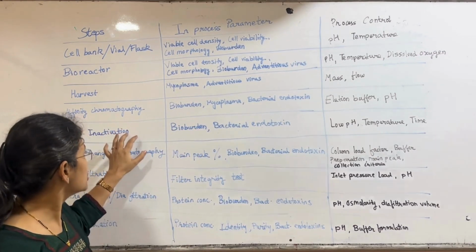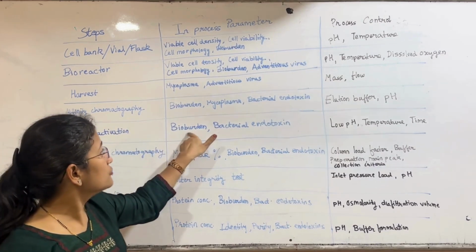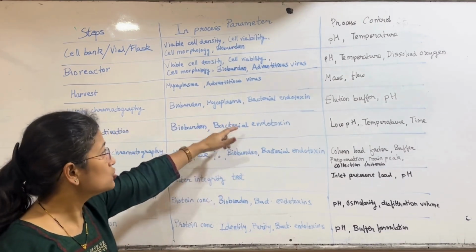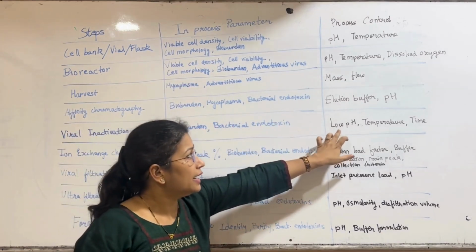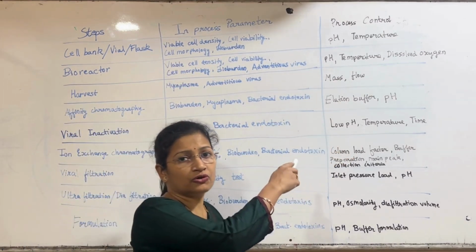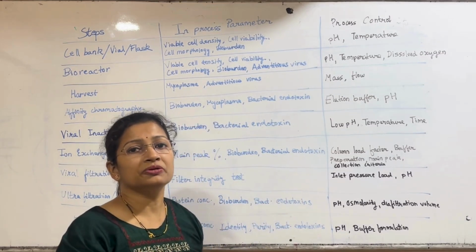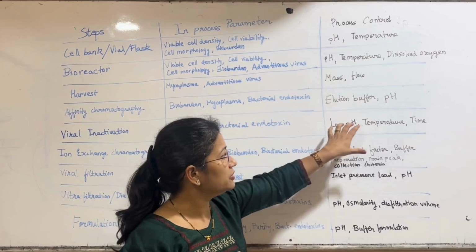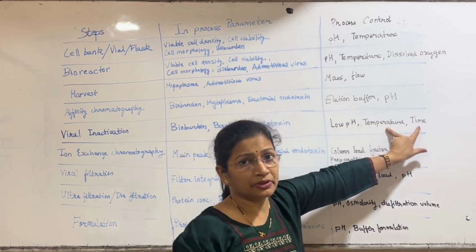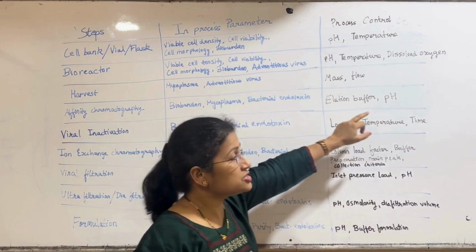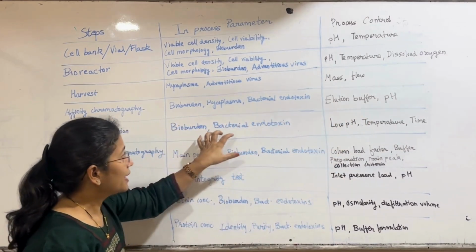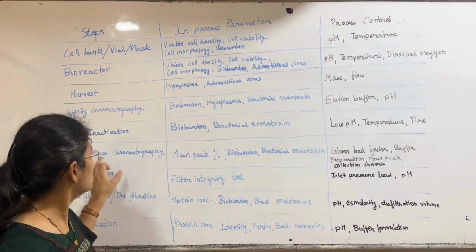Viral inactivation: of course, bioburden and bacterial endotoxin will be the parameters, and low pH, because for viral inactivation a low pH or solvent is used. Time and temperature are the controls for bacterial endotoxin and bioburden.